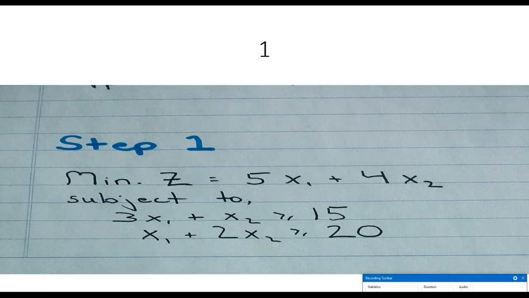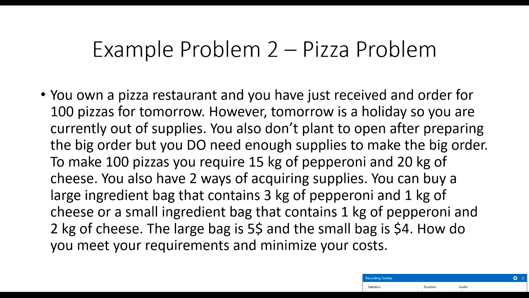Step 1, we're looking to find our objective function. And in this situation, we know that we're trying to minimize z, and we have two choices, a large and a small bag. I'm not going to write all of this down, but as you just saw, I do have the collected information, but I will, for simplicity's sake, guide you through the process.